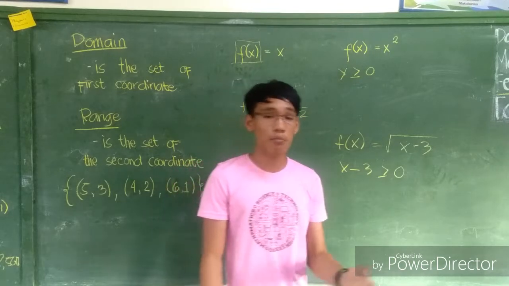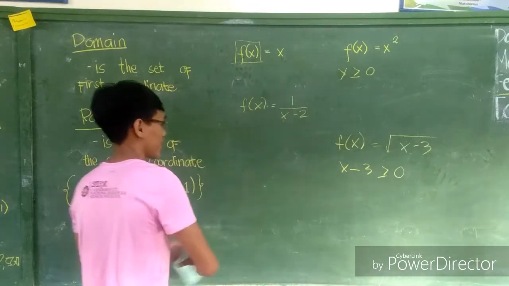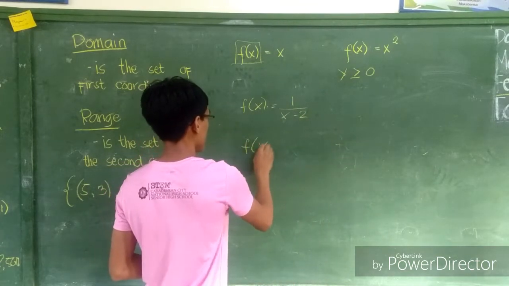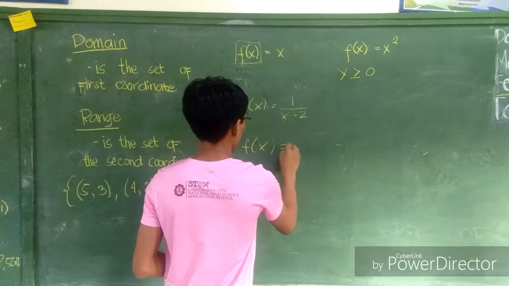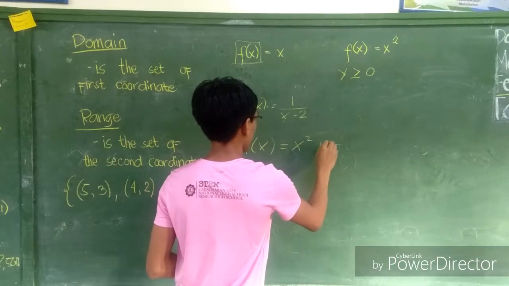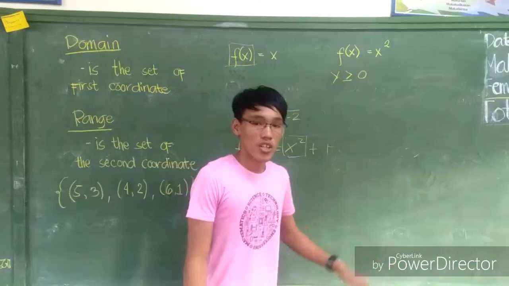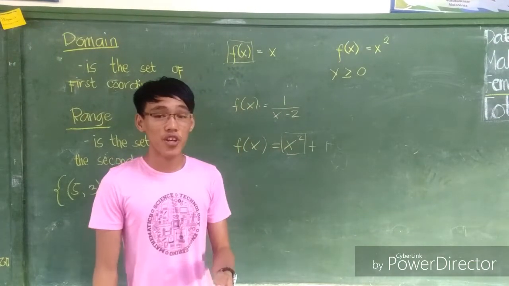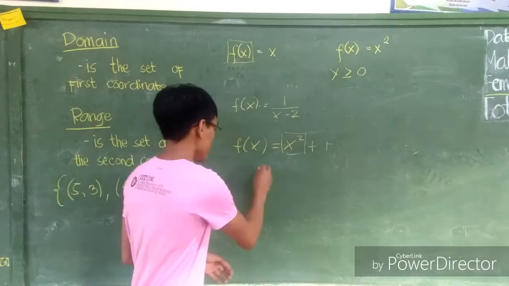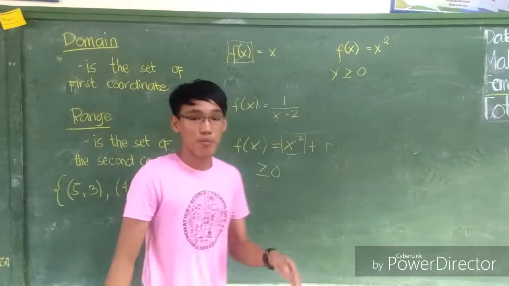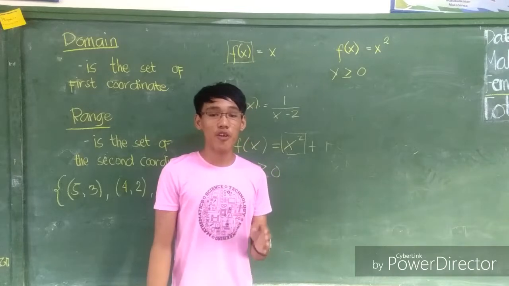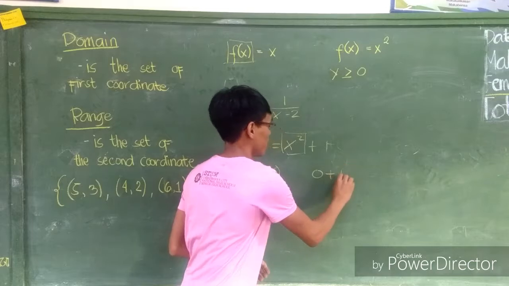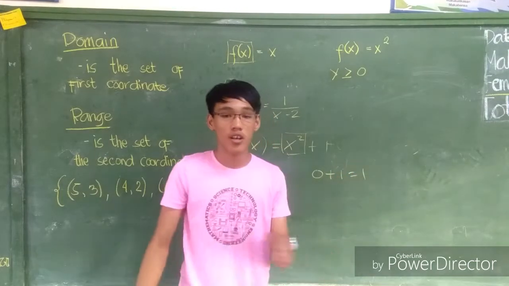For the last example here, I have f of x is equal to x squared plus 1. Look at this term. Can it be negative? Basically no, because the square of any number is greater than or equal to 0. So the minimum value of the function will be 0 plus 1, which is equal to 1.